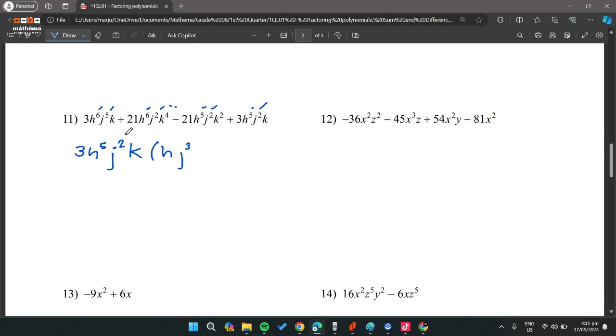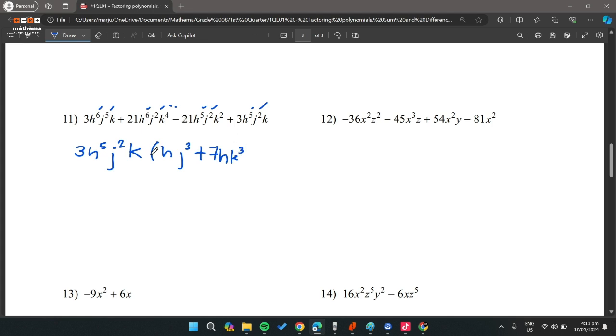And then k will be cancelled out. And then plus, this is 7. Alright, that is 7. And then h, 6 and then 5, so we will have 1 h remaining. And then j is cancelled. K, we have 4 and then 1, so that is k cubed.